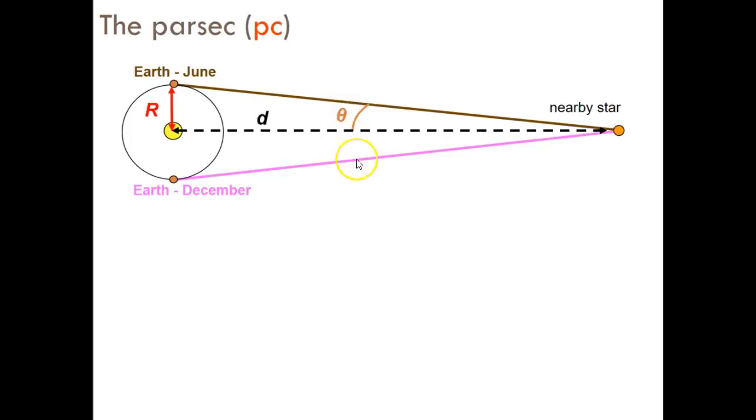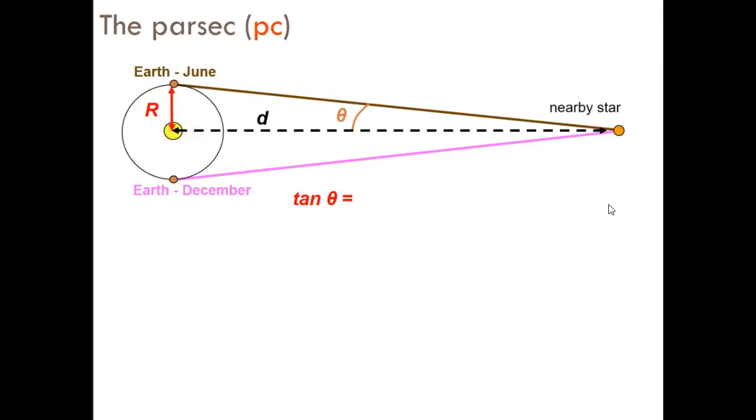We would measure this whole angle as 2 theta, and then we'd halve it because that will give us this angle here. We measure 2 theta because it's bigger, and it means that we've got something more accurate to work with. So the distance that we're interested in, from us to the star, is d here. The angle that it subtends is this angle here, and this distance here is 1 AU.